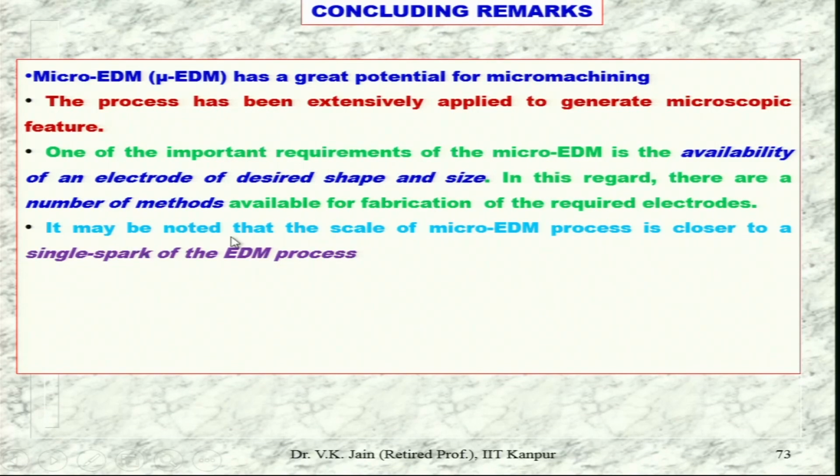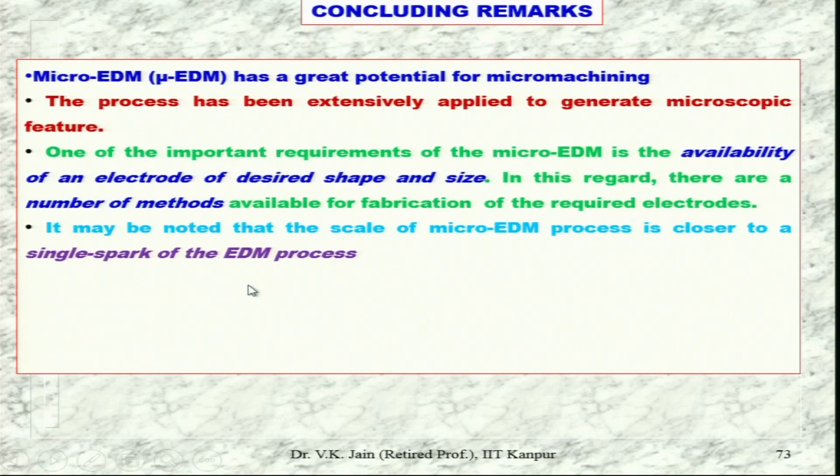In this regard, there are a number of methods available for fabrication of the required electrodes by different techniques. It may be noted that the scale of the micro EDM process is closer to a single spark of the EDM process. I have already told you there are different opinions among researchers as far as the single spark is concerned.